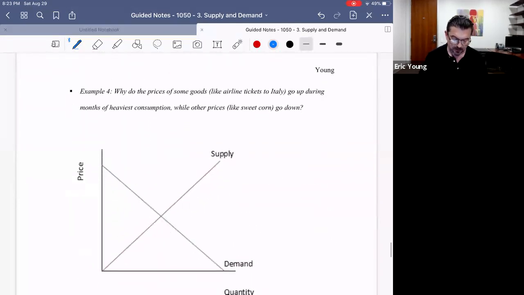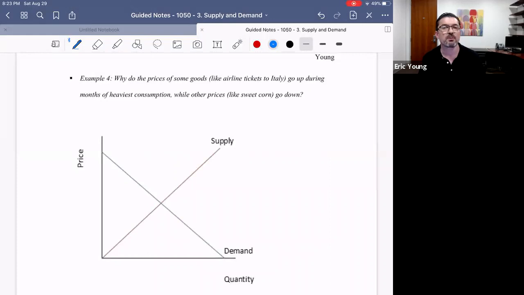Example number 4, why do the prices of some goods, like airline tickets to Italy, go up during their months of heaviest consumption, while other prices, like the price of sweet corn, go down? In other words, why during the months of heaviest consumption do some prices go in one direction while others go in another direction?